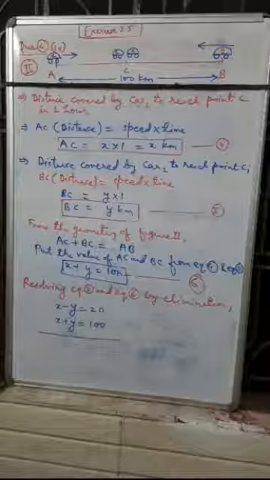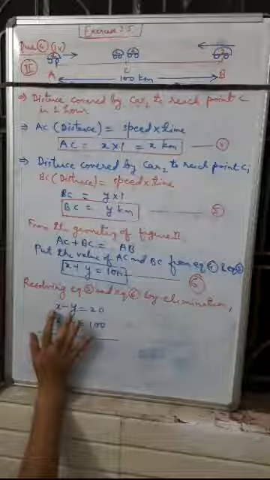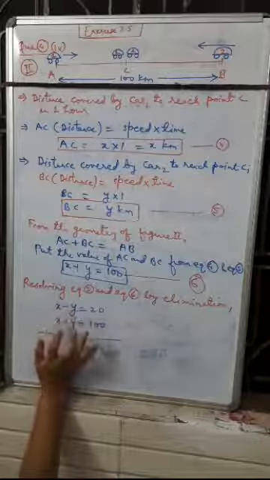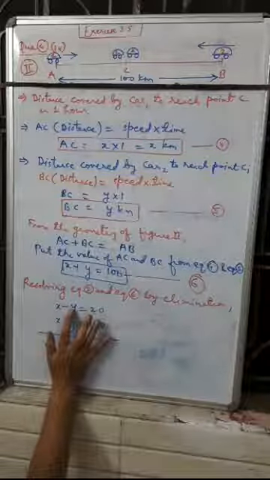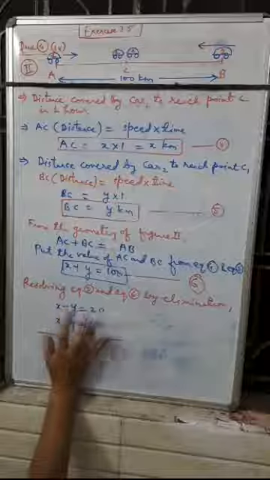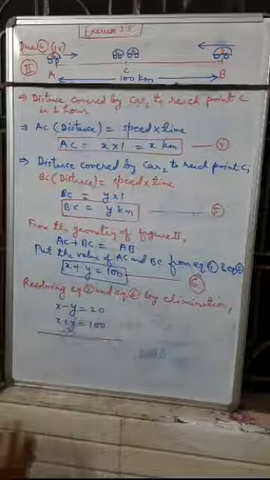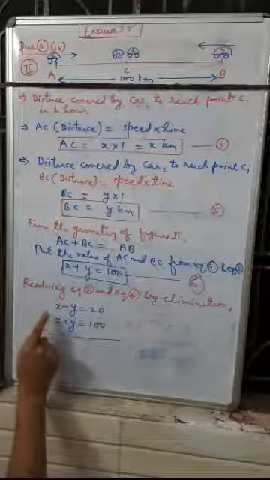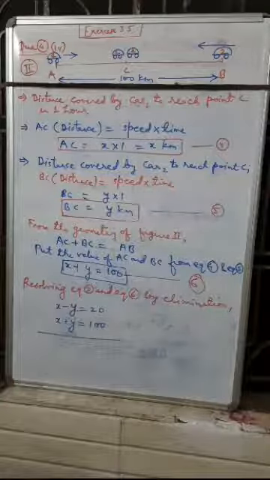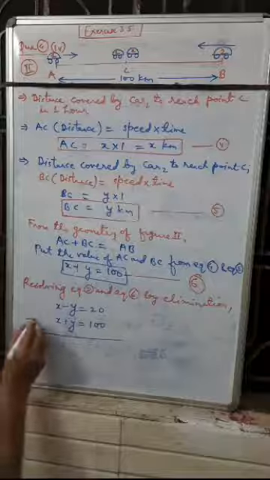Now we are looking here, the coefficients of x are the same as well as y, but the signs of y are opposite, minus here and plus here. So there is no need to subtract. If you want to cut x, you can subtract, but I am adding. So there is no change of sign.